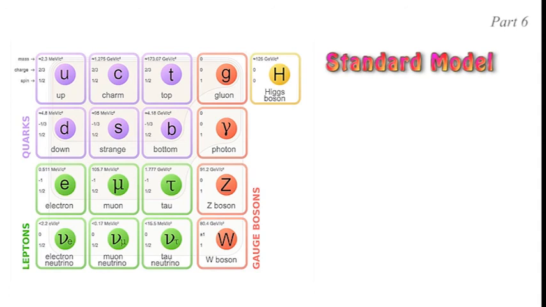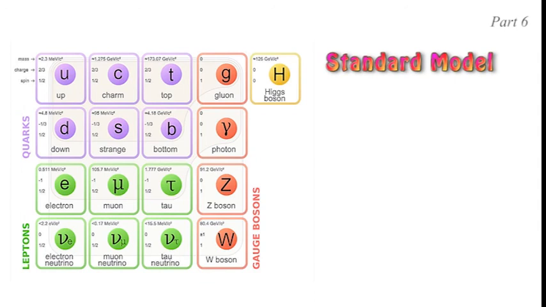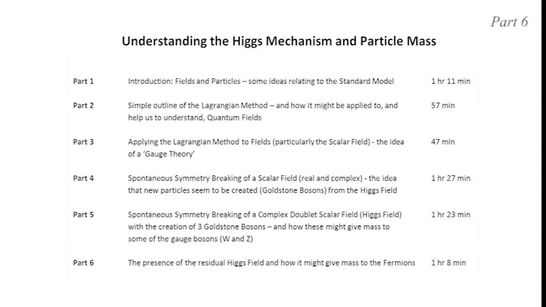Then, either by the process of symmetry breaking in the case of the gauge bosons, or by interaction with the Higgs field after symmetry breaking in the case of the fermions, a new and extra mass term appeared which changed the Lagrangian from being that of a particle with zero mass to being that of a particle with mass. Now all I can say is that if you want to understand all this in more detail, then you'll need a postgraduate course in quantum field theory.